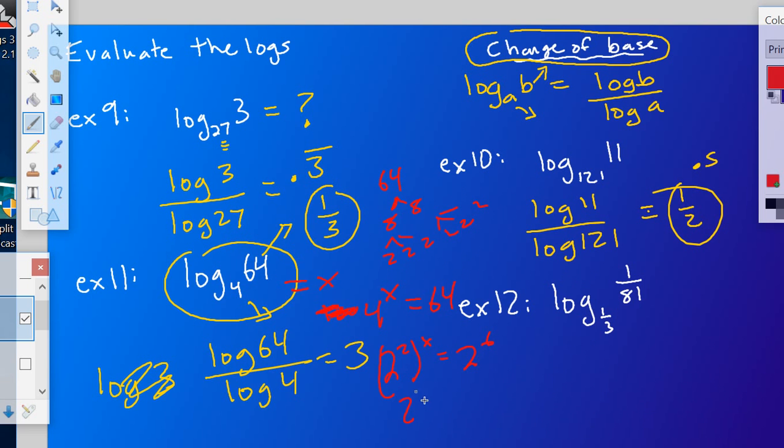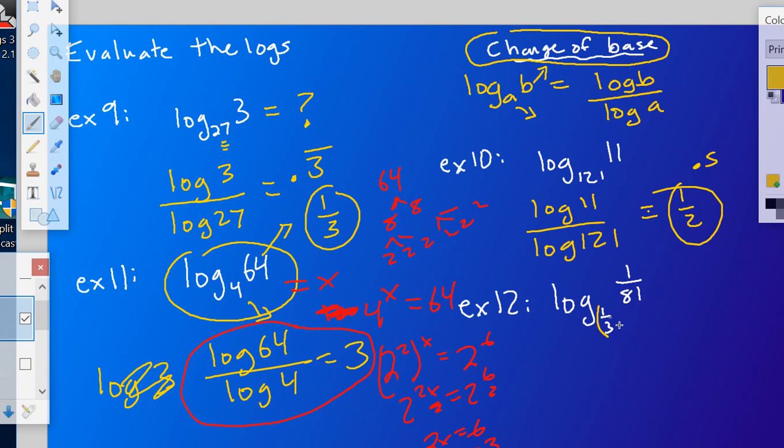Power to a power, multiply, and these would be equal. And I get 3. But this is probably a lot of algebra that we don't need to be doing. So we can use the change of base formula instead. Way easier.